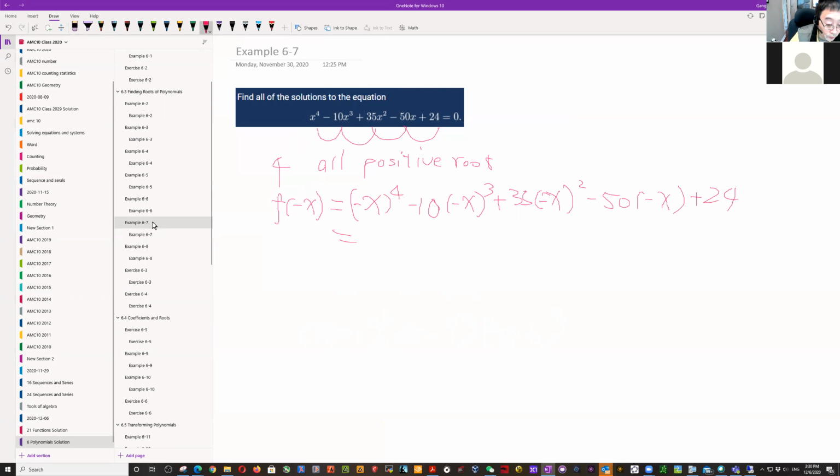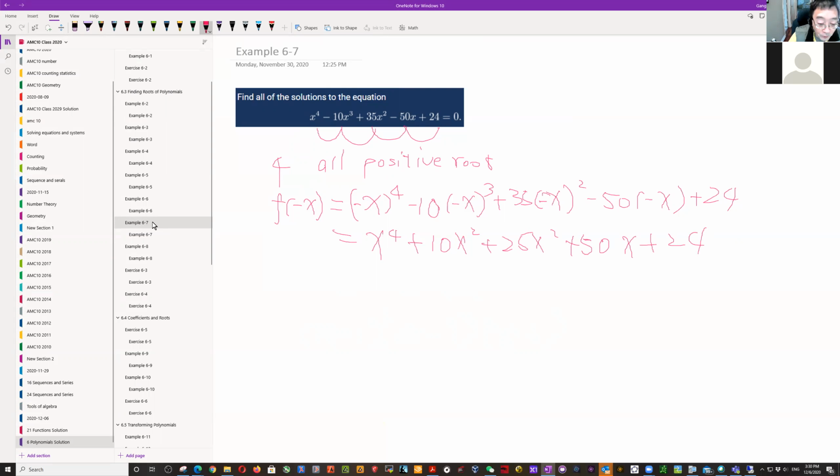This equals x to the 4th, and the extra negative here is neutralized with this, so it's plus 10x cubed, plus 35x squared, and this negative becomes positive, plus 50x plus 24.